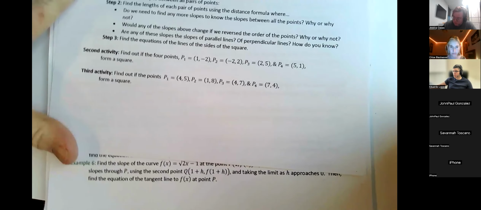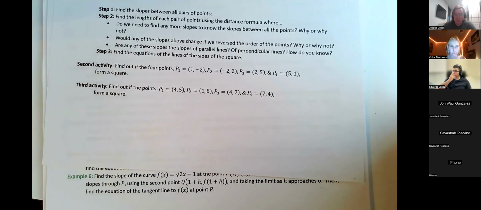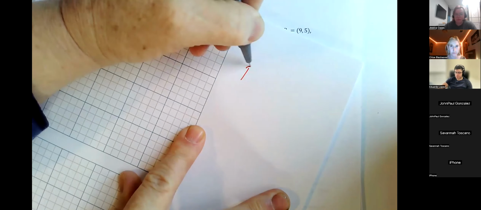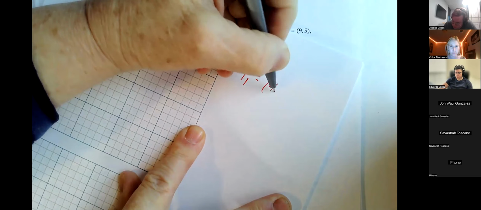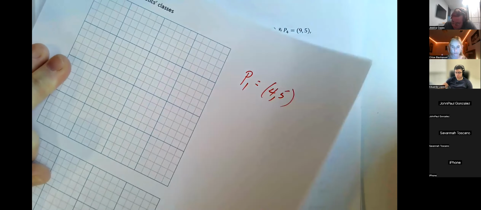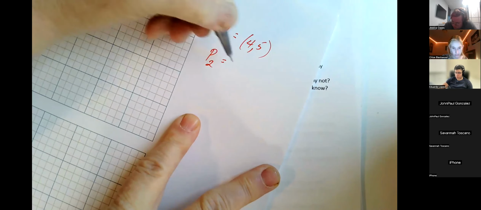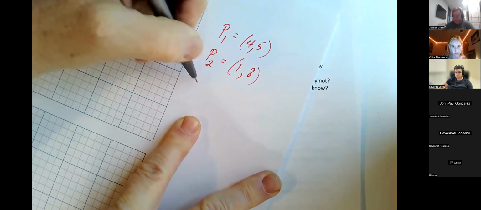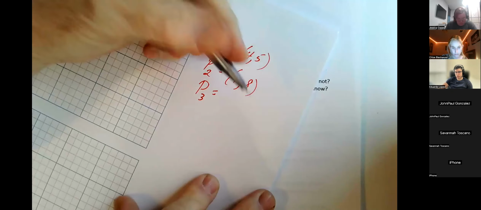Okay. All right. So this third activity, we have 4 points that we need to graph. Let's see. 4, 5. 1, 8. 4, 7.